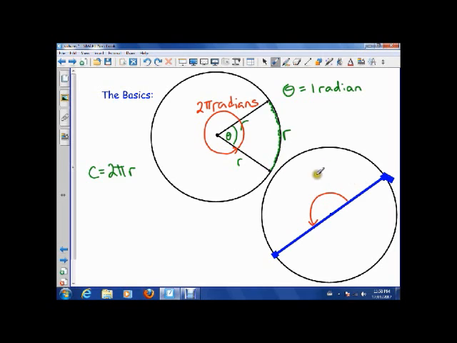If this is 2 pi radians, halfway around will be half of that, so 1/2 of 2 pi, which is pi radians. The short form is rads. Now we want to figure out how to convert back and forth from radians to degrees and degrees to radians, because we want to know how to compare those two.